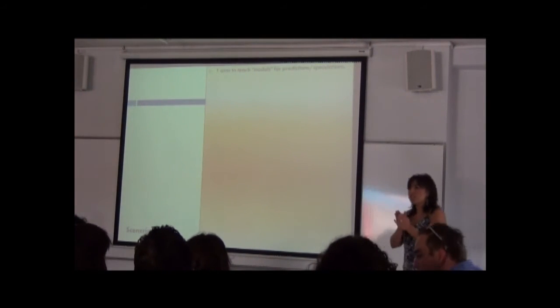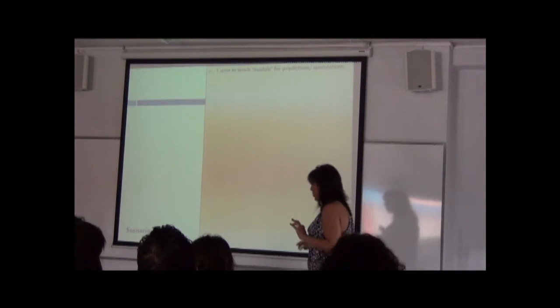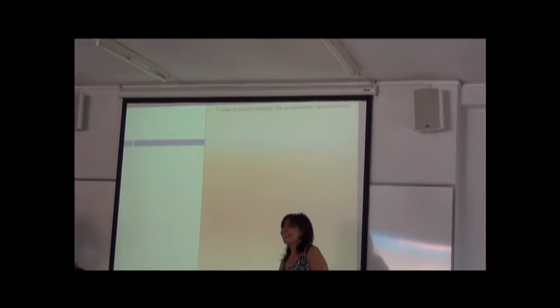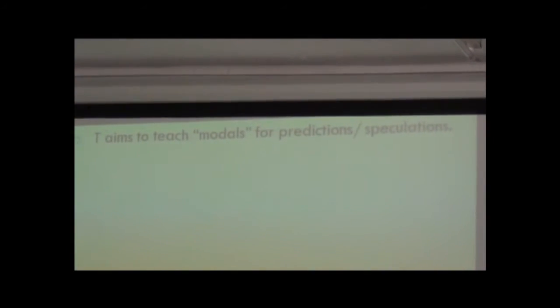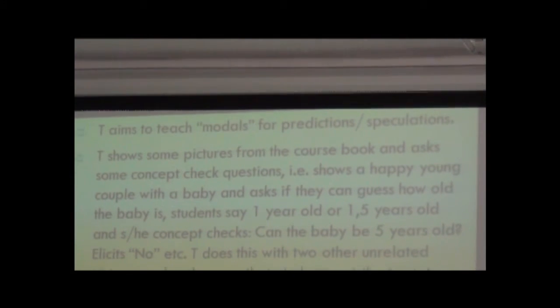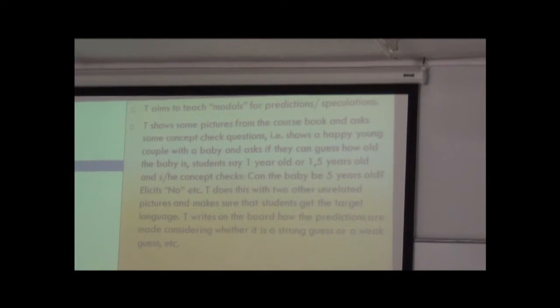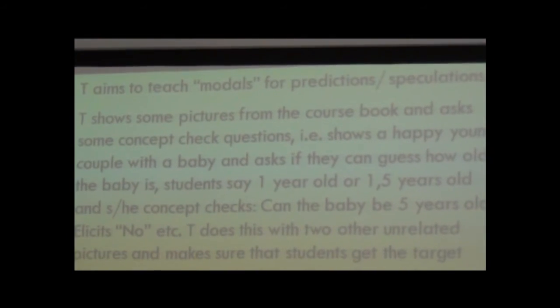The first scenario: the teacher wants to teach the modals for speculations, predictions, speculations. Which chapter is that? Touchstone 3, maybe 11 or something. So he or she shows some pictures from the course book and asks some concept questions, like, is the couple happy?